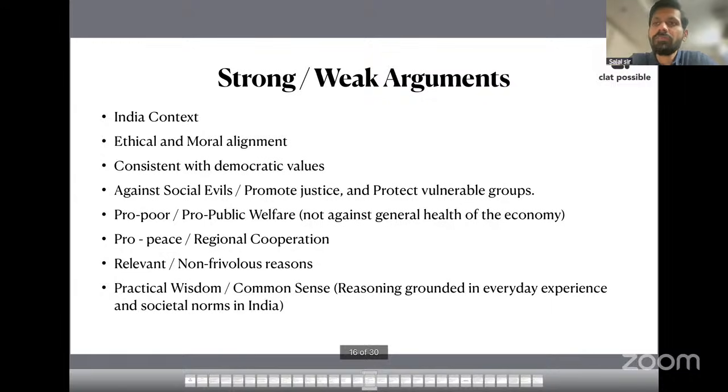Now, with strong and weak arguments, the inherent problem with these questions is they are subjective. So, for example, you are given an issue and you are given two arguments, and you have to judge which argument is strong or which is weak. You're not really testing these arguments in view of the various evidence.